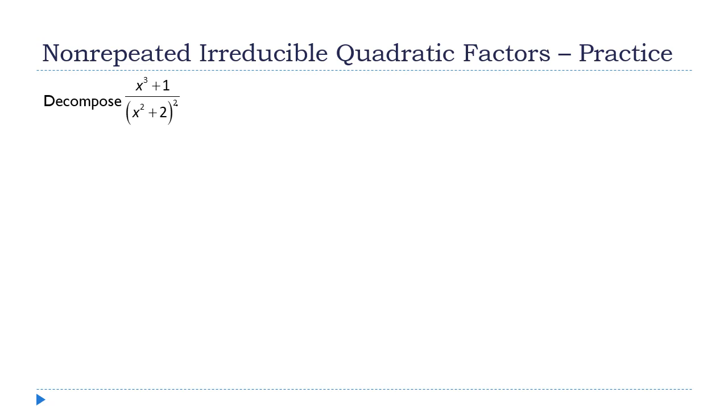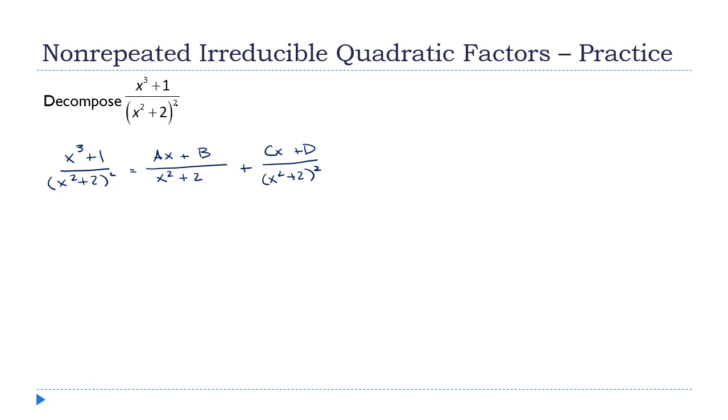So what am I going to get then? This is x cubed plus 1 over x squared plus 2 squared equals ax plus b over x squared plus 2 plus cx plus d over x squared plus 2 squared.